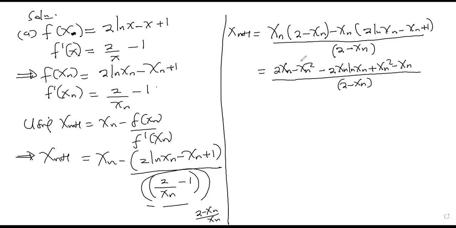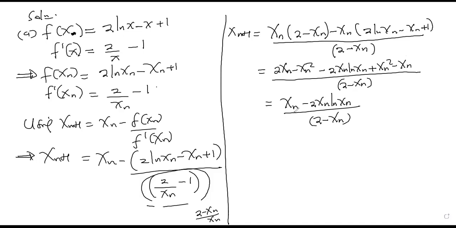Minus xn squared plus xn squared cancel, and we are left with xn. So we shall have xn minus 2xn ln xn, everything divided by 2 minus xn.